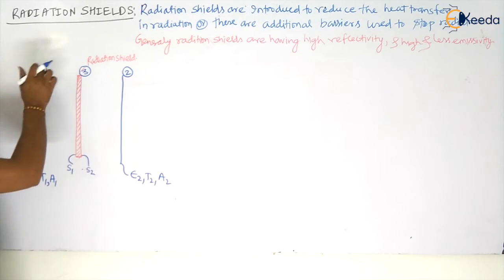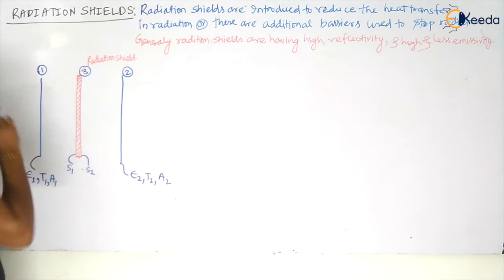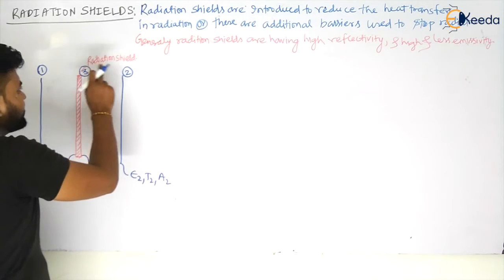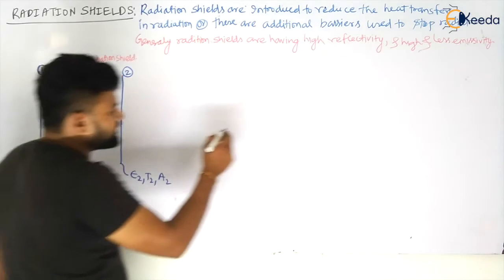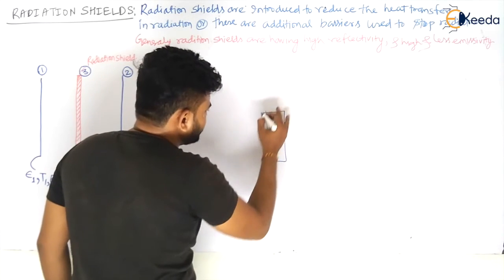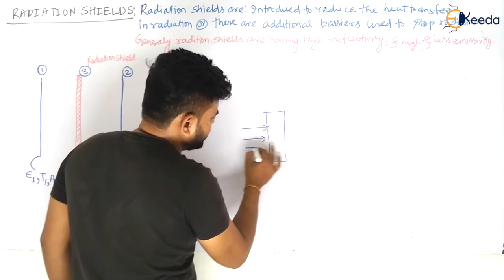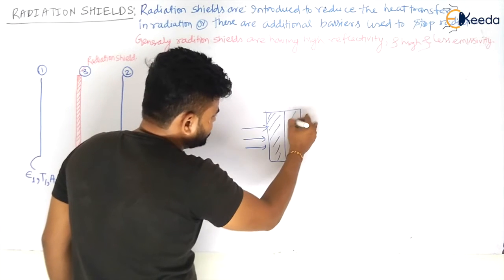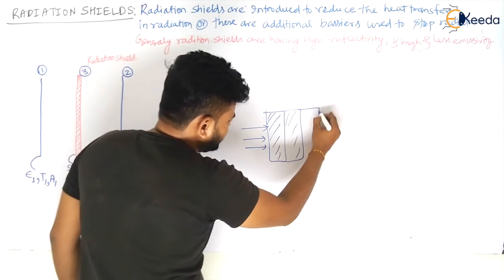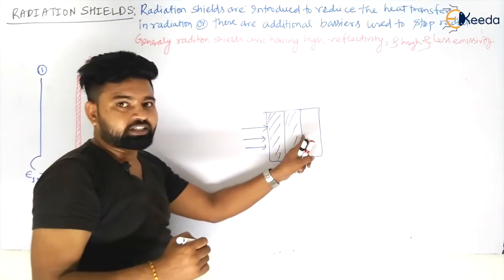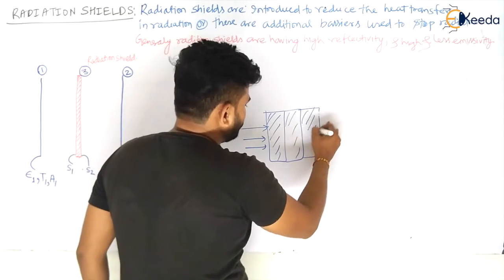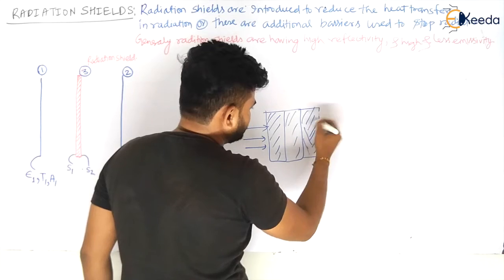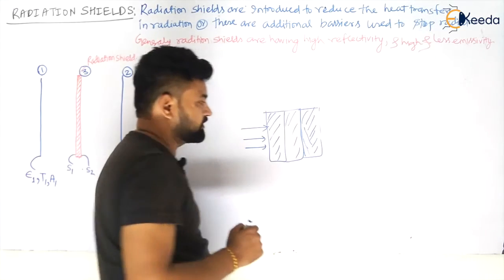So there will be radiation heat exchange between these two, and also between these two. Whatever heat was coming from the furnace is crossing this wall, then crossing the radiation shield, then crossing the second wall, falling on the surface of the second surface like this.